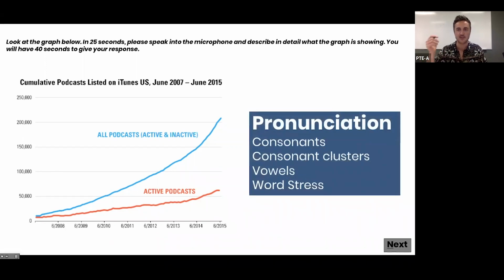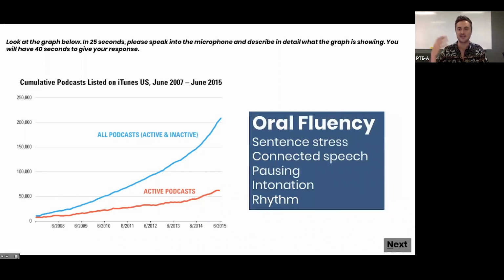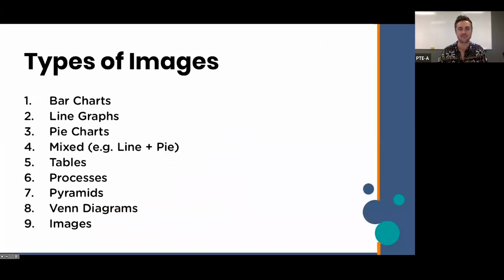Pronunciation, we've talked about consonants, clusters, vowels, word stress. Fluency, sentence stress, connected speech, pausing, intonation, and rhythm. Here are the types of images you'll see on test day. Bar charts, line graphs, pie charts, mixed tables, processes, pyramids, Venns, and images. Okay, so lots of different ones.